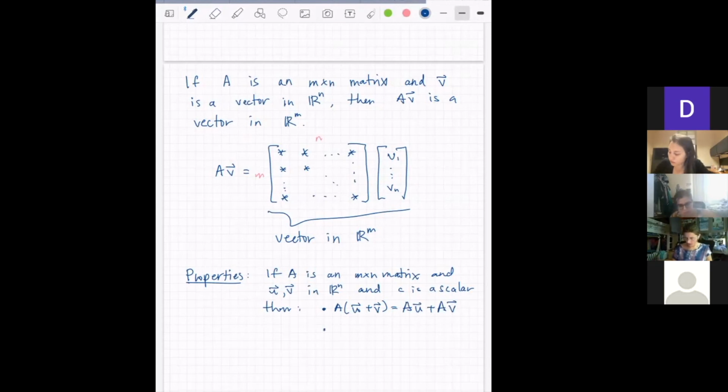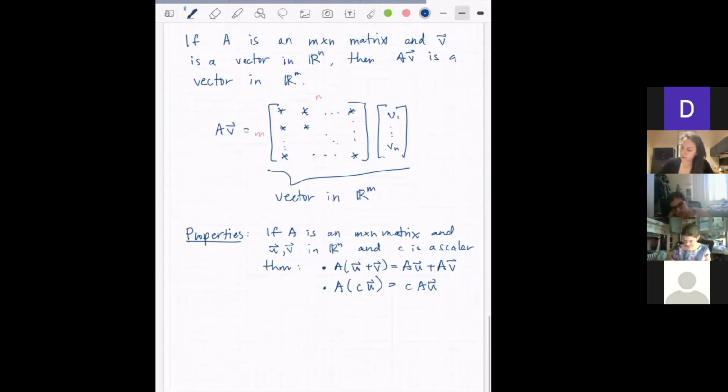And also, if you're looking at a matrix times a scalar times a vector, you can write it as the scalar times the matrix times the vector, like that. Okay. Now, one thing to note is that when we write c times A, we know how to multiply a vector by a scalar.